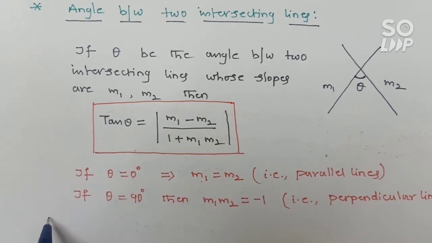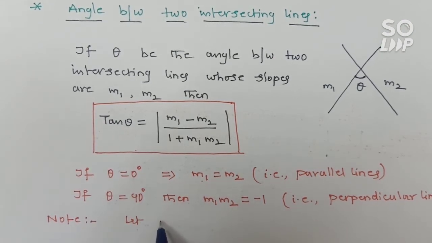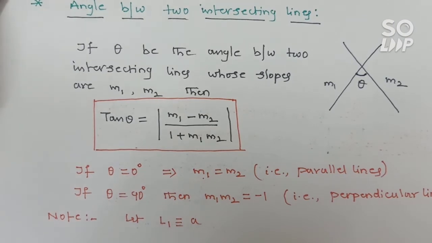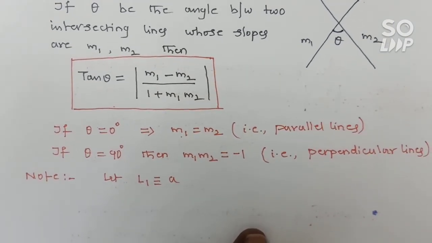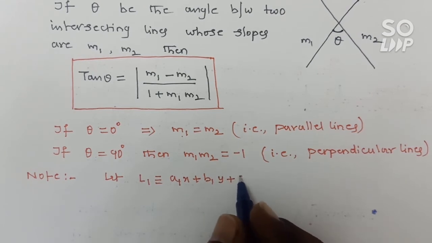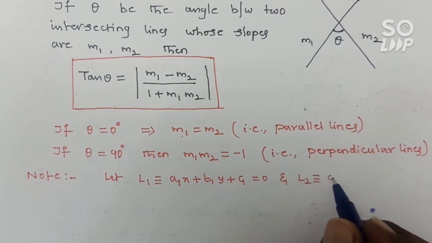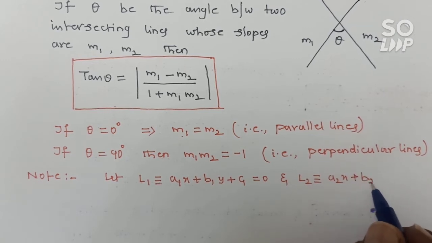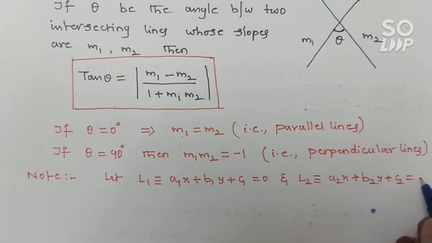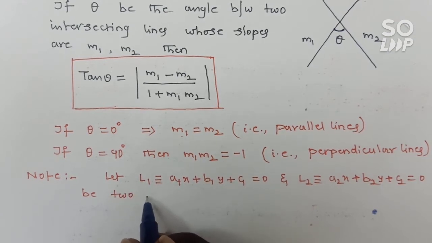Suppose you take two lines: L1 is A1x plus B1y plus C1 is equal to 0, and L2 is A2x plus B2y plus C2 is equal to 0, two intersecting lines.